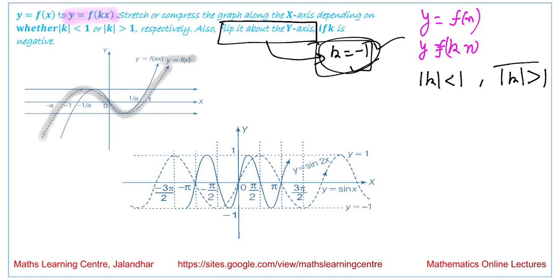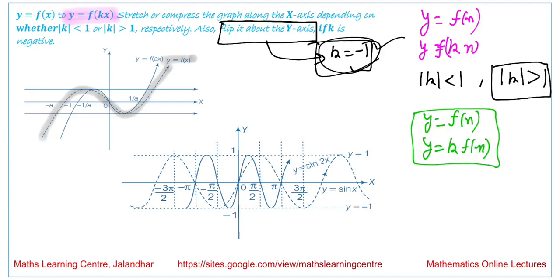So first of all we are looking at the case when k is greater than 1. Now in the previous case, when the graph of y is equal to f(x) was given and we had to plot y is equal to k times f(x), we were stretching or compressing the graph along the y-axis. Now we are doing the compression or stretching of the graph along the x-axis.